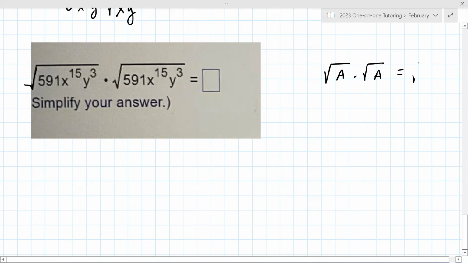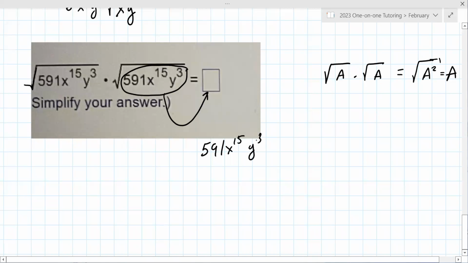And so on the right here, you can see that it's the square root of a squared, which is a. So the answer is just what is under the root. 591 x to the 15th y cubed.